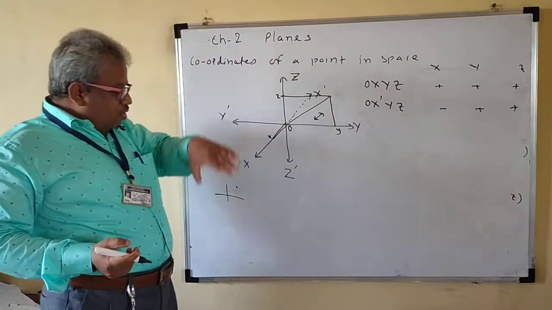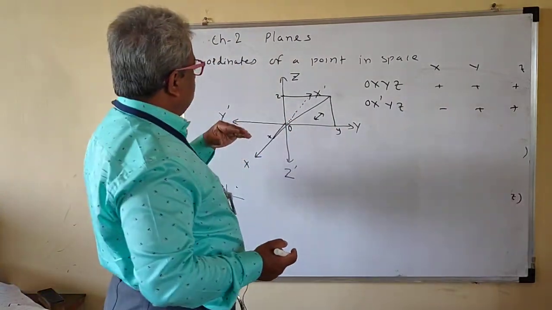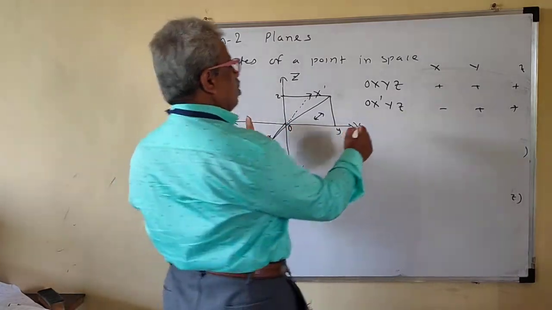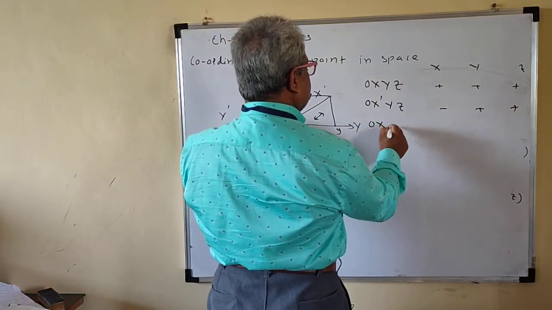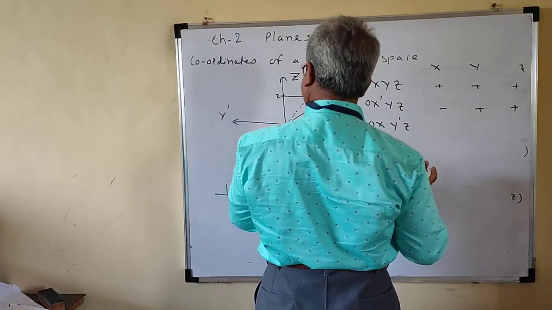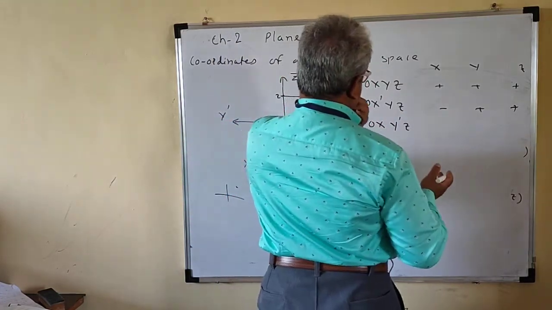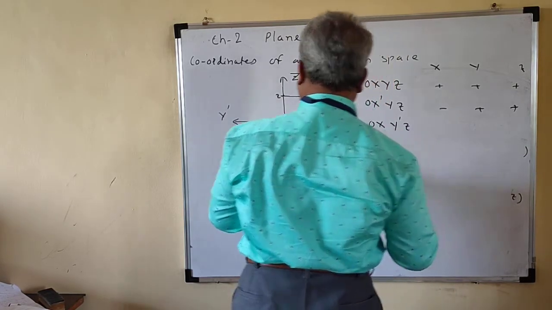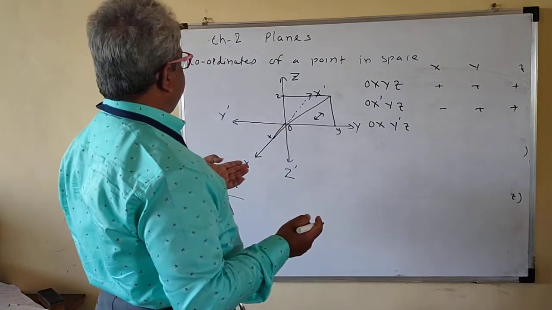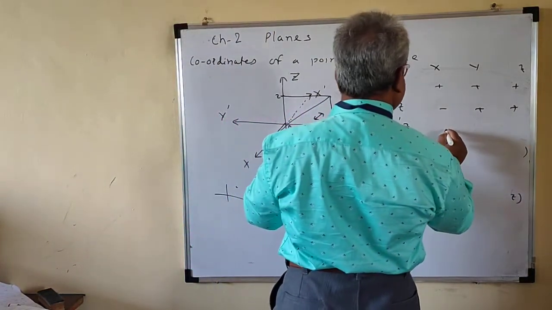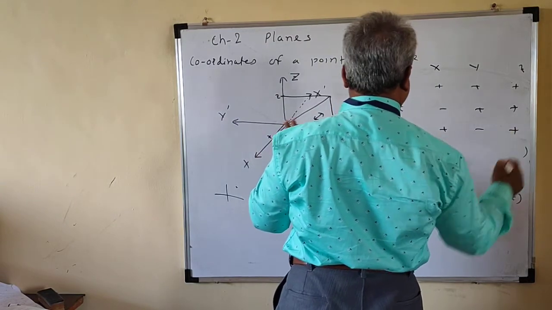And opposite of this one, O, X, Y prime, Z. This is above the Y axis. This is plus, minus, plus.